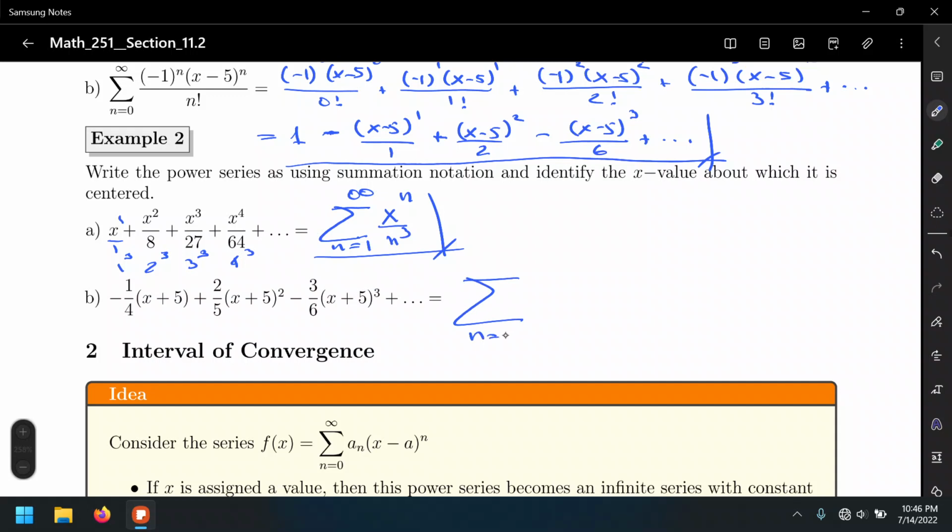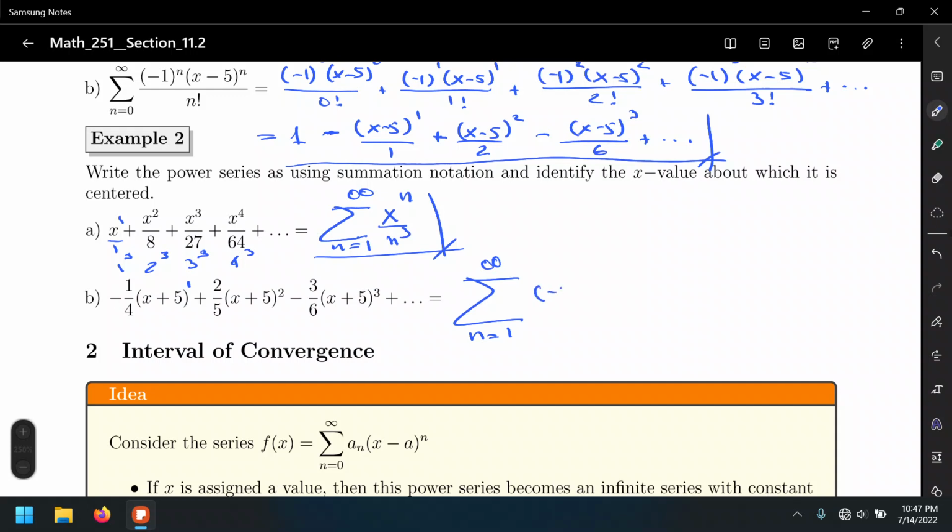Sigma, n equals... no, I don't think I'm going to start this at 0, because notice the power of x minus 5 right here. It's an invisible 1, and then 2, 3, etc. So it goes from 1 to infinity. Notice also that the series alternates negative, positive, negative.